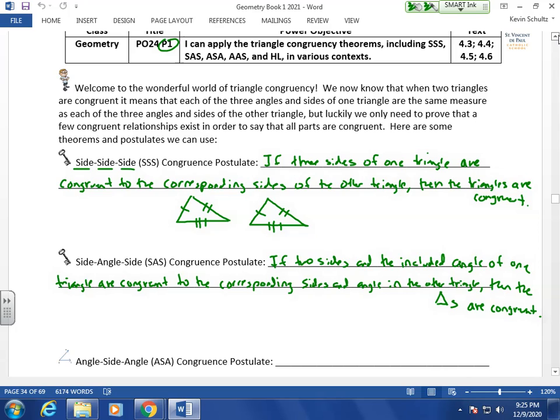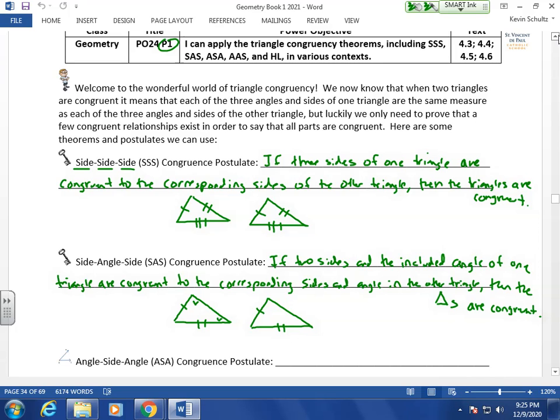So let's look at again kind of what that is in picture form here. There are two triangles. Okay. When it says two sides and the included angle, so I need two sides here. I'm going to mark those first. And when it says included angle, it's talking about a very specific angle. It's talking about the angle that is formed by those two sides. So not the top one, right?